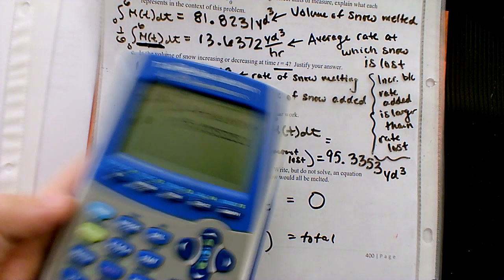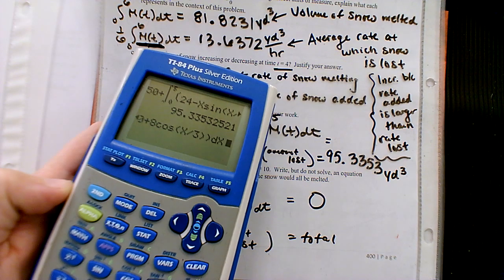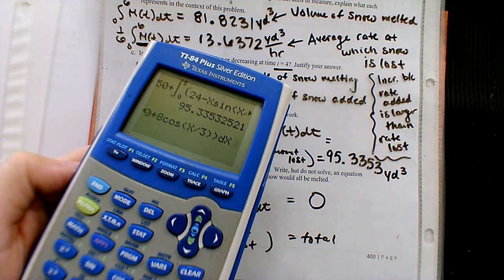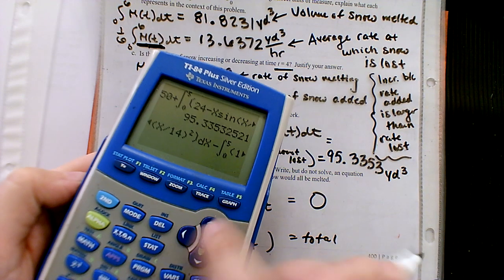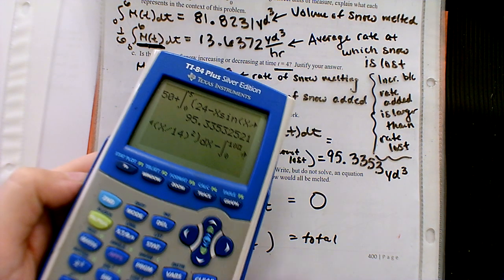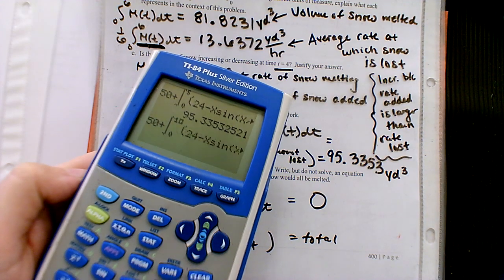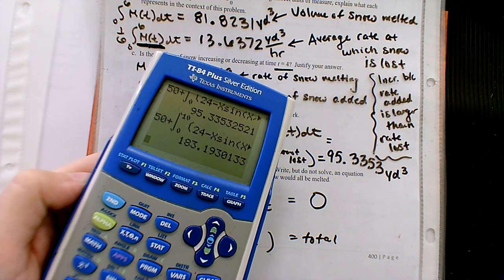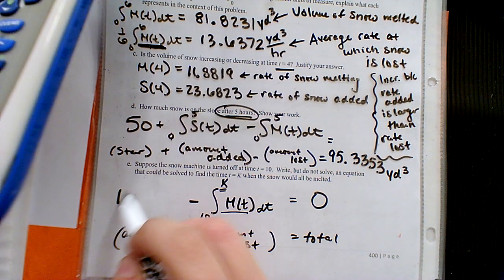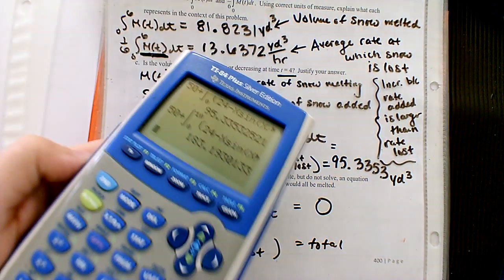Okay, so you could type it in all at once again, but if you hit second entry, it'll bring up the last item that you typed in. So we'll arrow over, and we're just going to change the 5s to 10s. So we'll get 183.193.